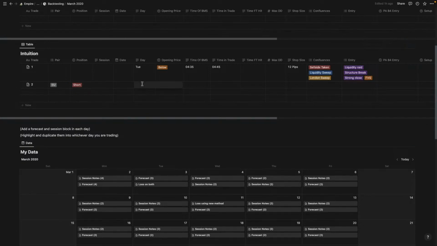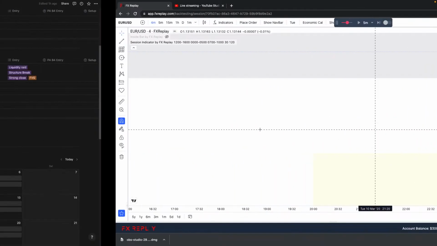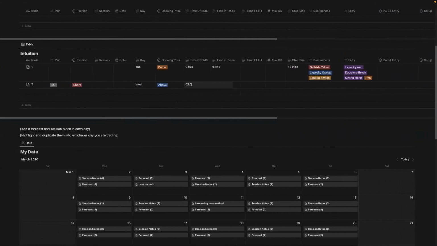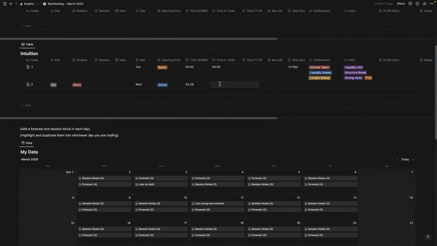And this was the 11th, so a Wednesday. We were above the opening price. The break of structure happened at 228. We were in the trade at 236. It was a 7 pip.